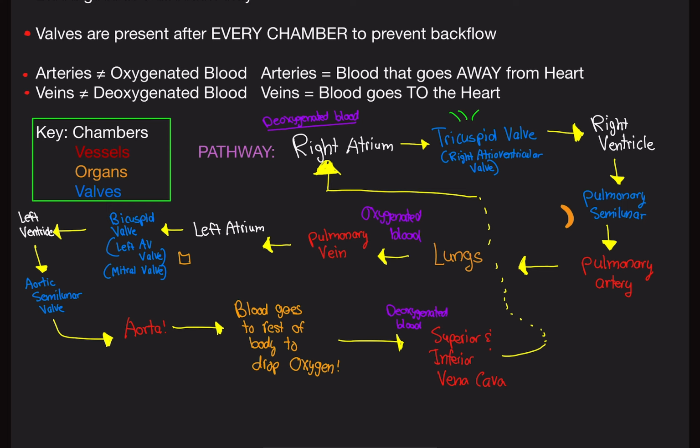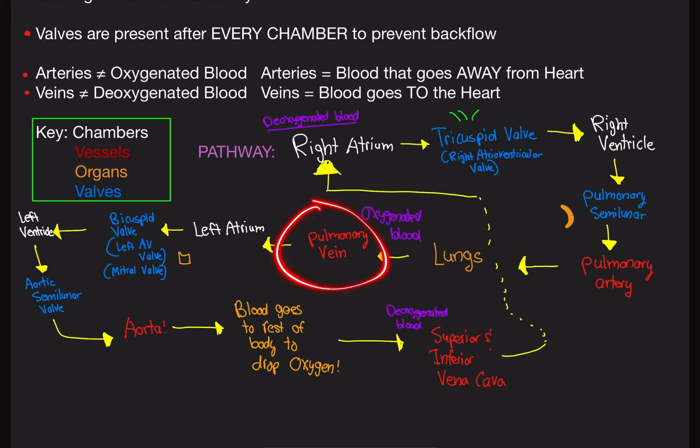So we have 4 chambers: right atrium, right ventricle, left atrium, left ventricle. We also have 4 valves: tricuspid valve, pulmonary valve, bicuspid valve, aortic valve. We also are dealing with the pulmonary artery, which goes to the lungs.